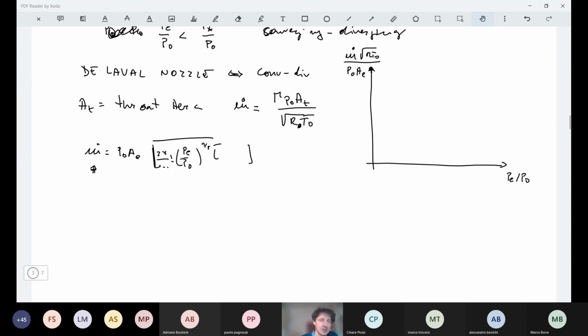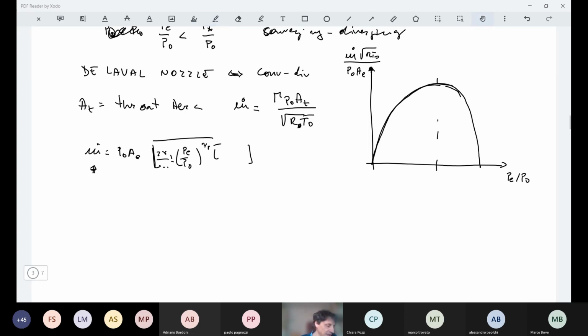That M is the critical one, and T0 and P0 are the conditions that we have at the enclosure. So we see here something that goes from 0 up to 0, because this was the dependency that you have seen here, with the maximum.